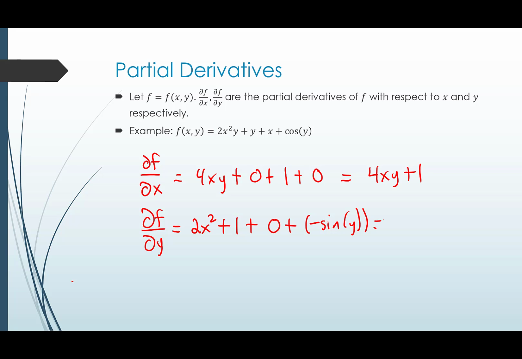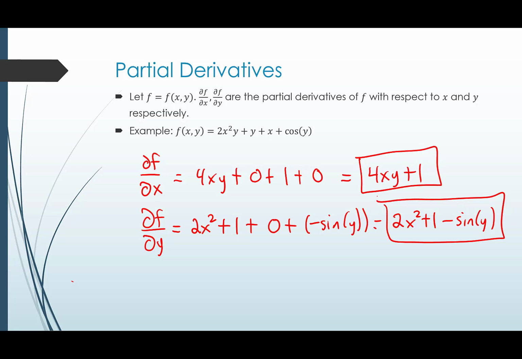So our partial with respect to y is 2x squared plus 1 minus sine of y. In broad strokes, you're taking the derivative with respect to one variable while treating the other variable as a constant.